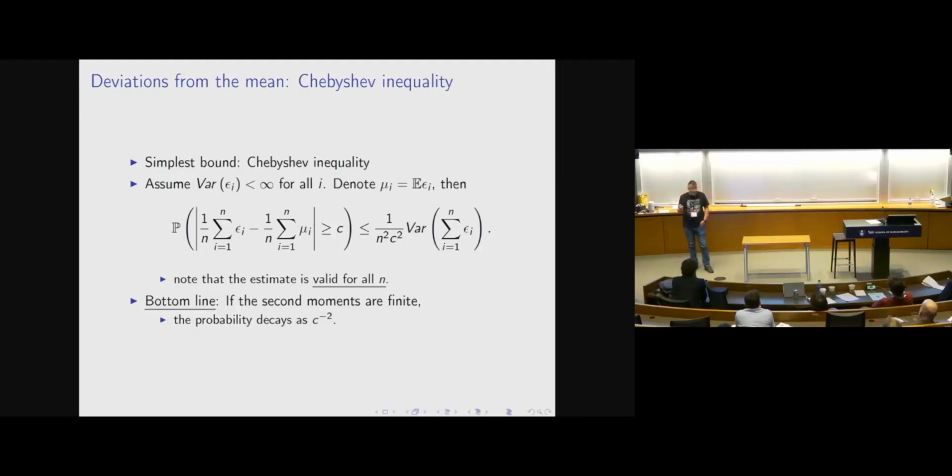This is valid for any n, but you need the second moments to exist. The decay is not great, but the probability of a large deviation at least is quadratically declining in the size of this deviation.